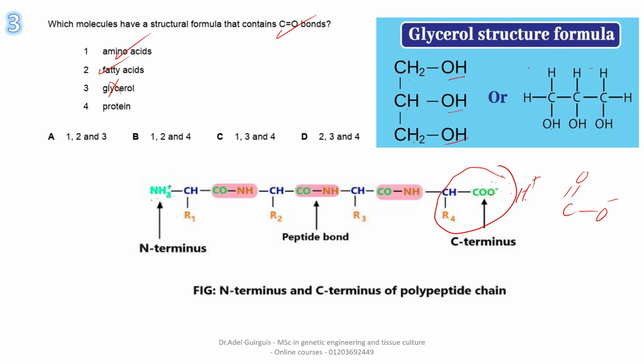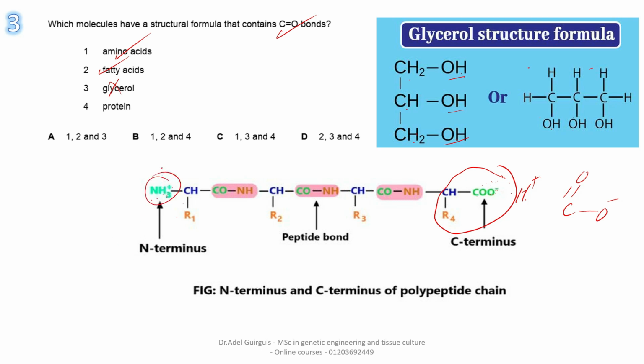But here NH3. Why? Because in acidic medium, in the normal pH of cell cytoplasm, the NH2 can receive and combine with a proton from the cytoplasm to form this structure.